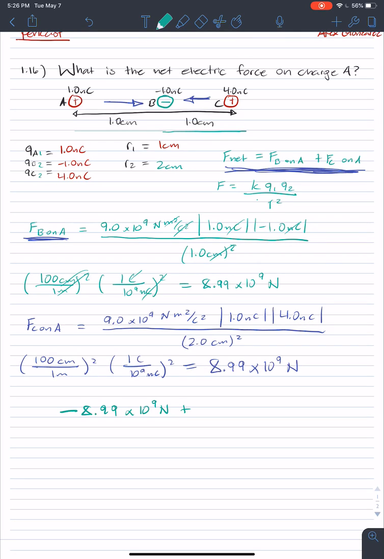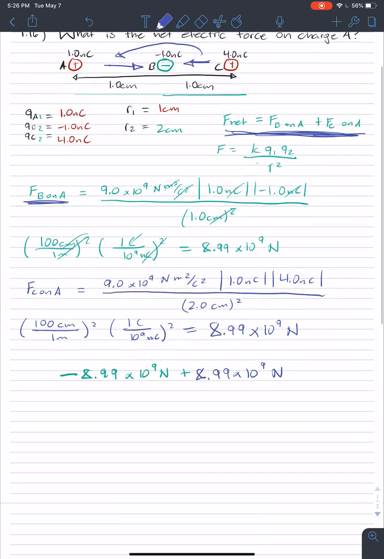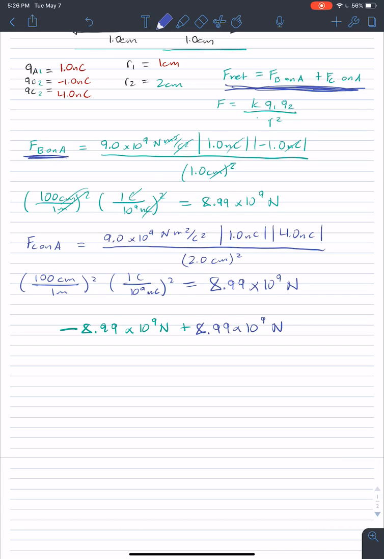And then we're going to add it to the force of C on A, which is positive because it acts to the left. So again, charge C is acting towards charge A. We have an actual force acting on A that way, whereas B is pulling away from charge A. And now we add these together and we end up with 0 newtons.